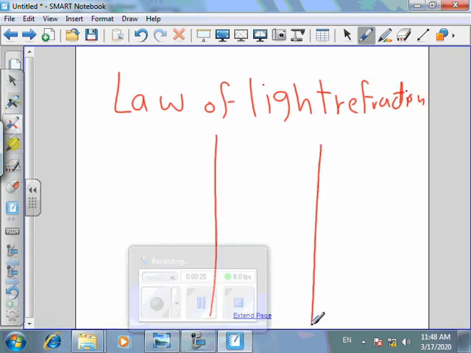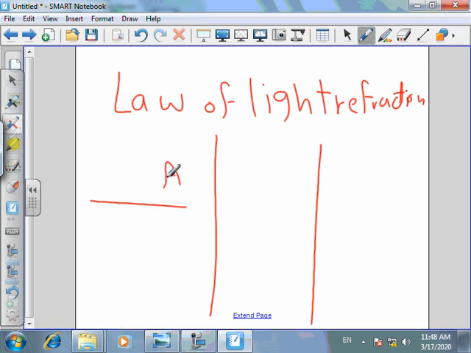Divided into three parts. The first part of them, here is air and here is water. If we want to know what happened to light when it passed from air to water, the light falls here as the incident light ray, like in light reflection.